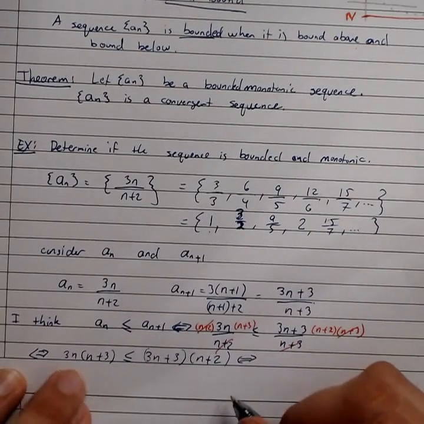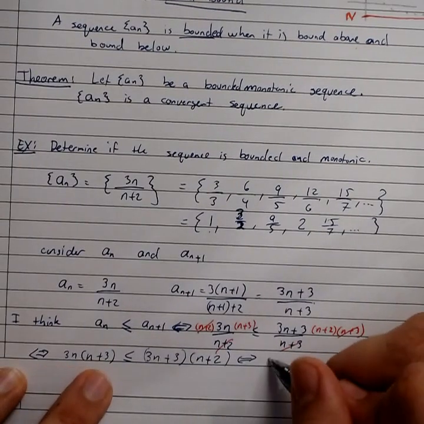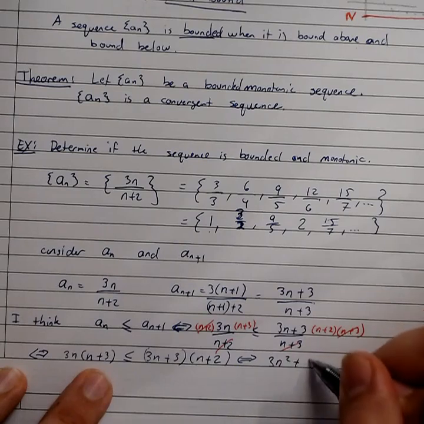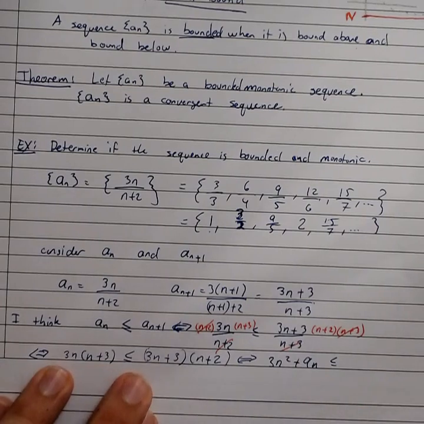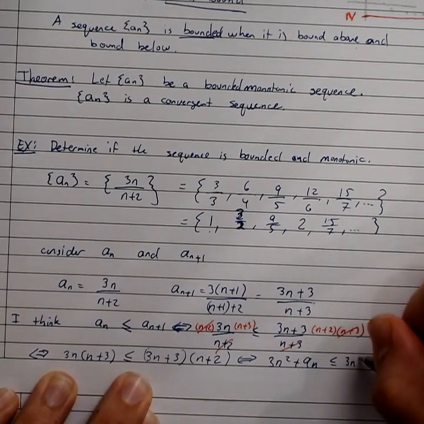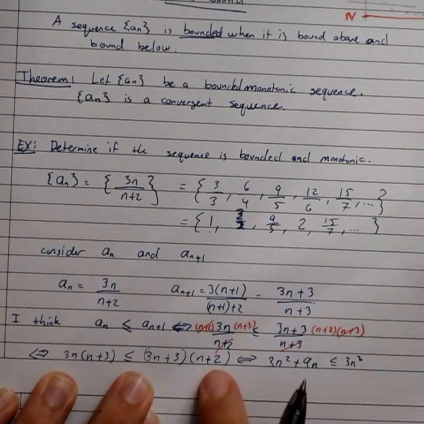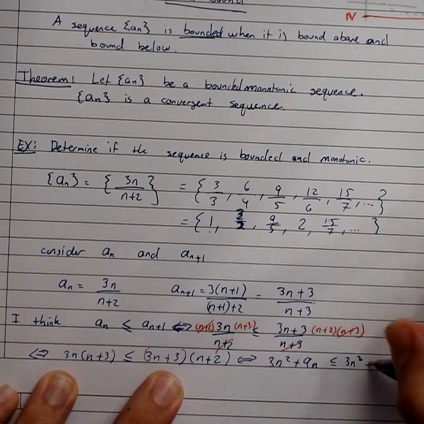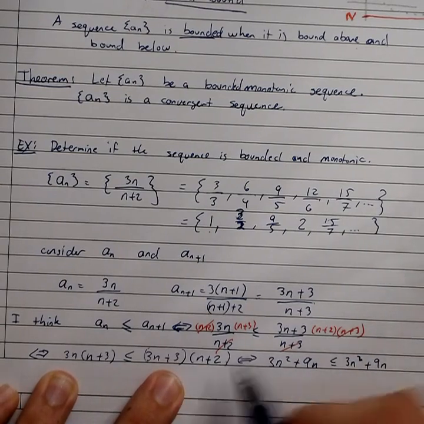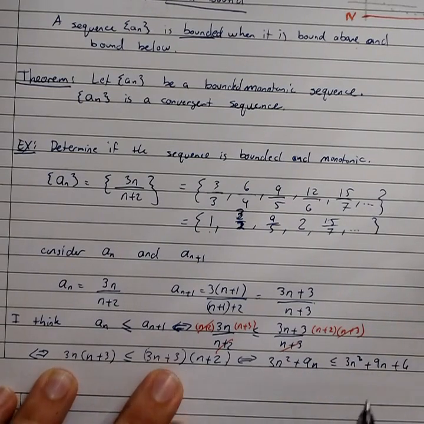This will give me 3n squared plus 9n, less than or equal to, if I distribute this part, 3n squared plus 6n plus another 3n, which gives me 9n. And then 3 times 2 will give me 6, which is true.